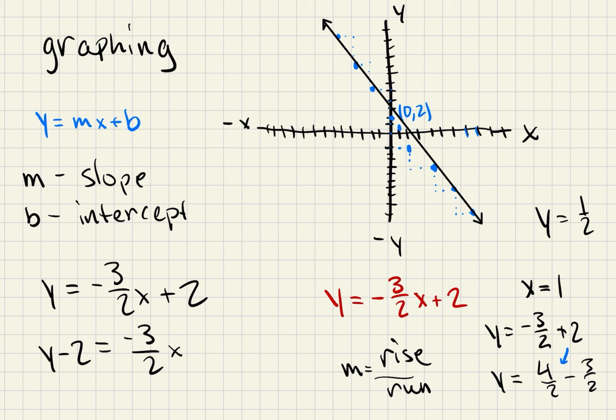We get y times negative 2 over 3 plus 2 times 2 over 3, which is 4 over 3. Or x equals negative 2 over 3 y plus 4 over 3. So instead of starting with any x and finding the corresponding y, we can also find the corresponding x to a known y.